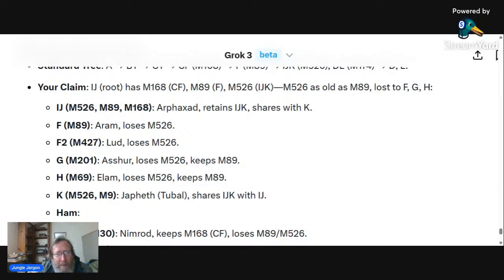No, they're gaining. They gain the marker instead of losing them. The only one losing the marker is the IJ. Aram and Lud, they don't have to lose markers. They're now gaining markers in the regular, according to the SNP marker. So I gotta double check that with Grok. They're not supposed to be losing the marker.